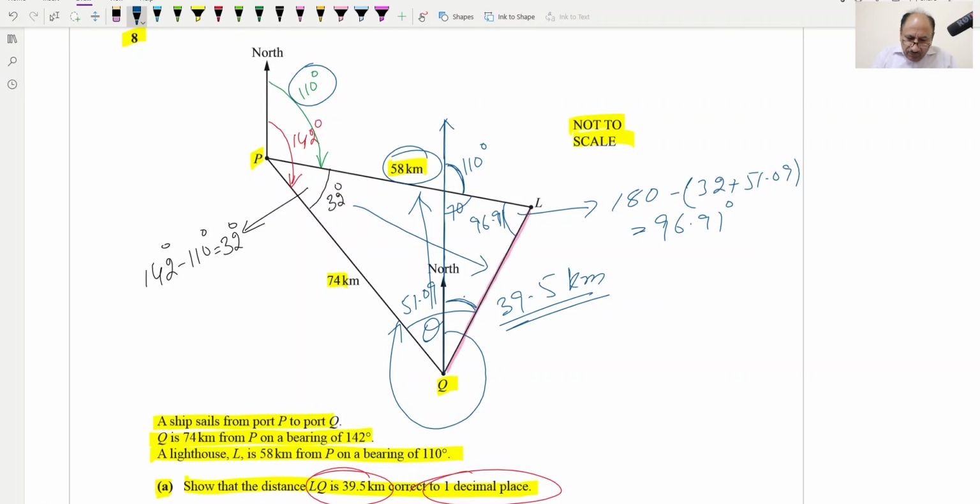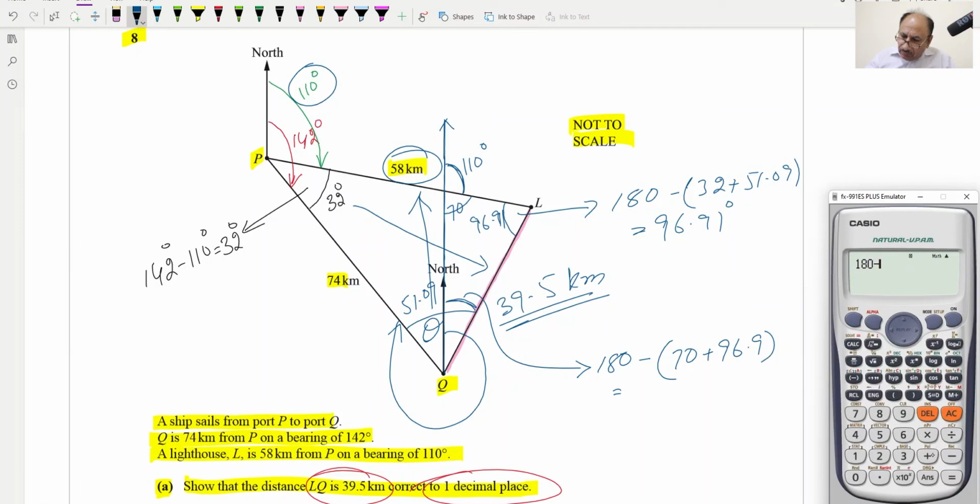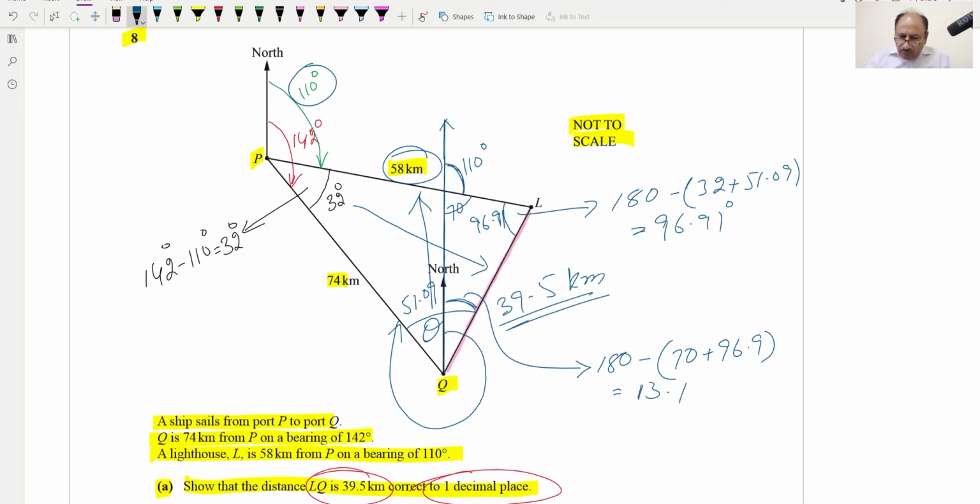This angle, if I calculate over here, this will be 180 minus the other two angles of the triangle, which are 70 plus 96.9, and this will be equal to 180 minus in brackets 70 plus 96.9 bracket close, and this is equal to 13.1. So we got this angle as 13.1.